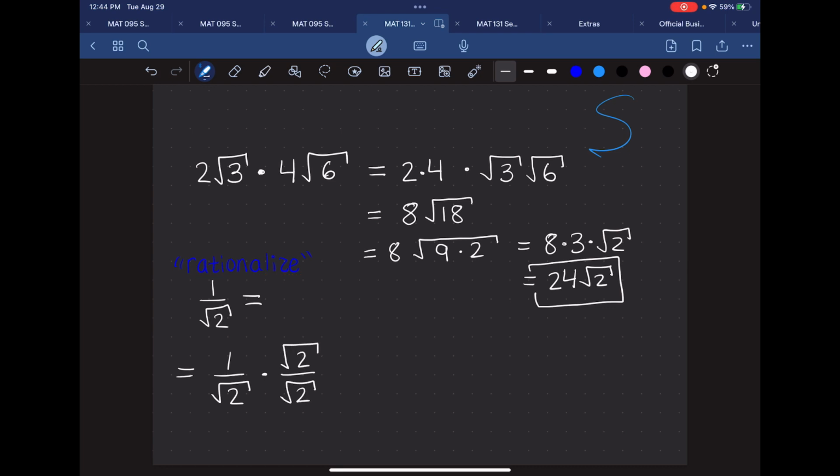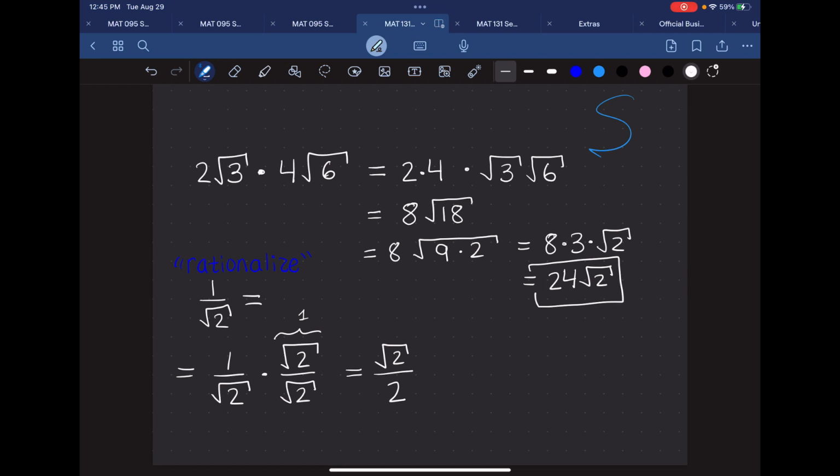over root 2. Now keep in mind, this is equal to 1, so I'm not changing the value of what I have right here, because I'm taking a number and I'm multiplying it by 1. And so it's not going to change the value any. I'm writing an equivalent expression. So I multiply across the top. I get square root 2 divided by square root 2 times square root 2 is going to give me 2.